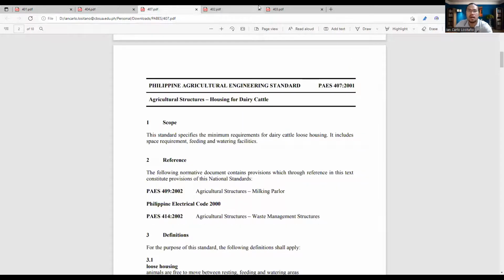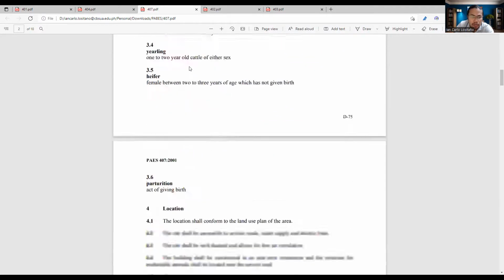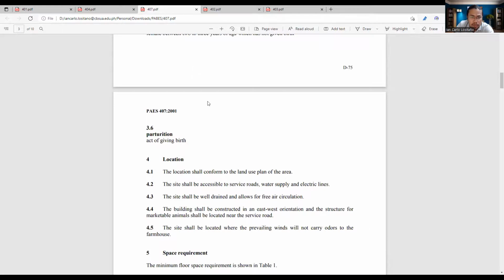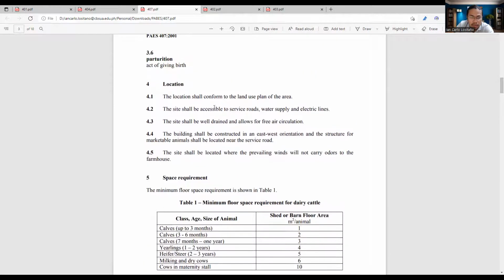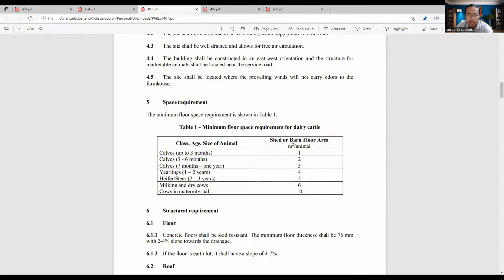Next, you have the housing for dairy cattle, and very much similar to the previous one on ruminants, we forgo the other initial requirements because they're very much the same. Again, the space requirement is provided in table 1. One has to look up the size of the animal based on the space they occupy, and then multiply this by the number to get the maximum space required.